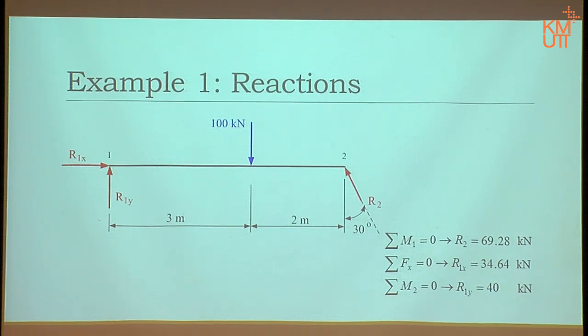You tend to need reactions, but sometimes you don't need all of them. So rather than having to do 6 equations for this question, you may need only 4, for example. Okay? Think about it. Then I think that is for today.